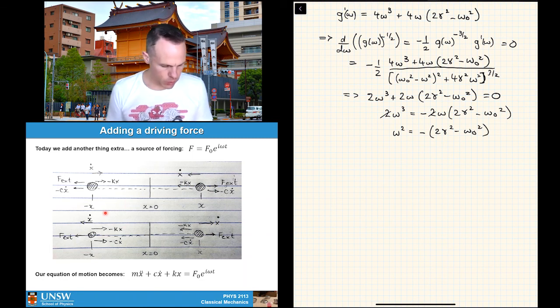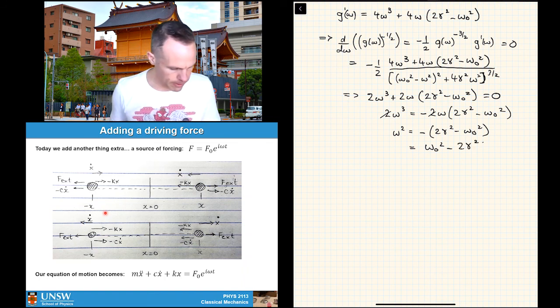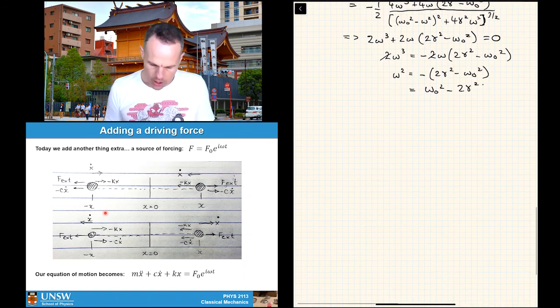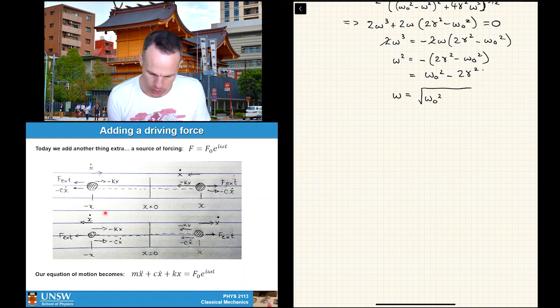And of course, we no longer need to keep the term in brackets, so this thing can basically become omega naught squared minus 2 gamma squared, okay? And then, of course, we have to take the square root of this thing, so omega is equal to the square root of omega naught squared minus 2 gamma squared.